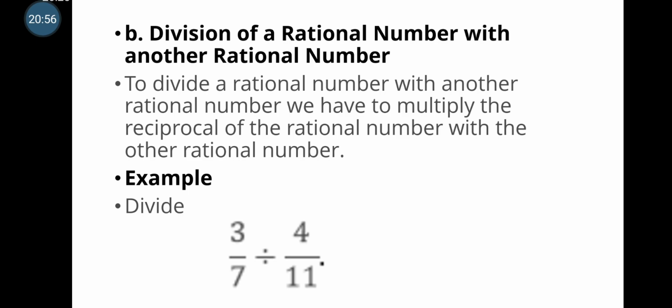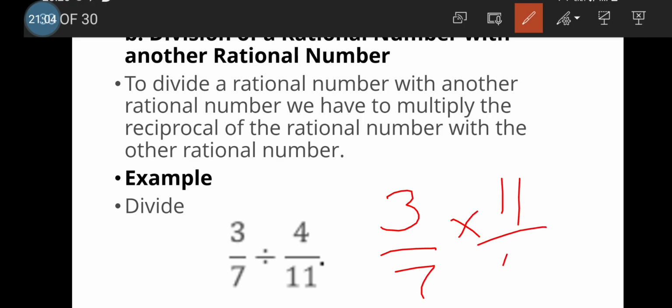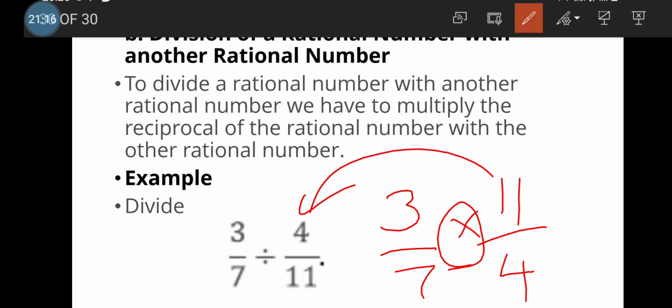Let me write here: 3 by 7 into 11 by 4. 4 by 11 is the fraction and 11 by 4 is the reciprocal of this fraction. So here you should not divide, you should multiply. Your final answer will be 33 by 28. That is how you find the division of a rational number by another rational number.